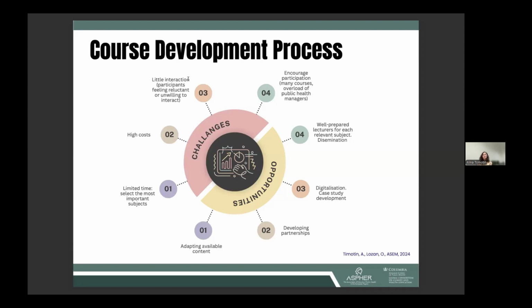Also, given the abundance of courses and the busy schedules of public health managers, it is essential to encourage their participation. This can be done by offering experienced lecturers, focusing on online dissemination, and of course, utilizing word-of-mouth marketing.